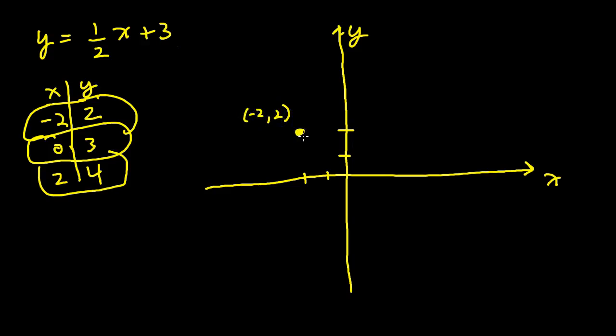X is minus 2, y is 2. How about the y-intercept? If x is 0, y is 3. If x is 0, you're on the y-axis, and y equals 3, I'll put up here. If x is 2, y is 4. Let's see, 1, 2. X is 2, y is 4. That puts me up here. And it looks reasonable to claim that all three are collinear points.